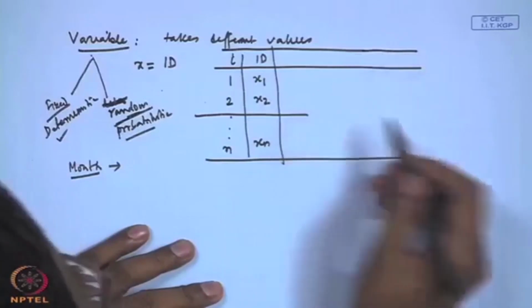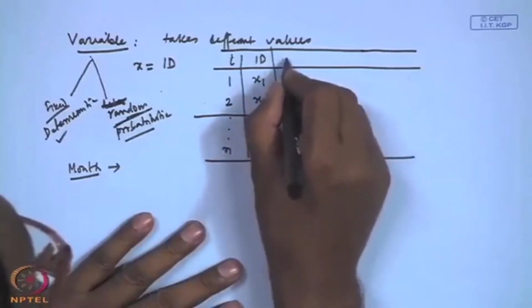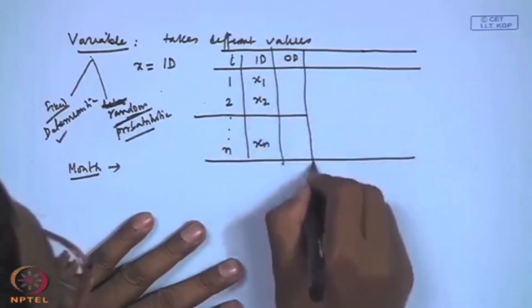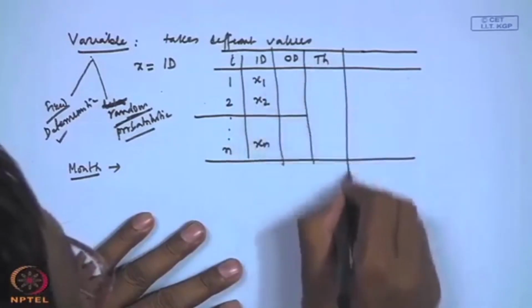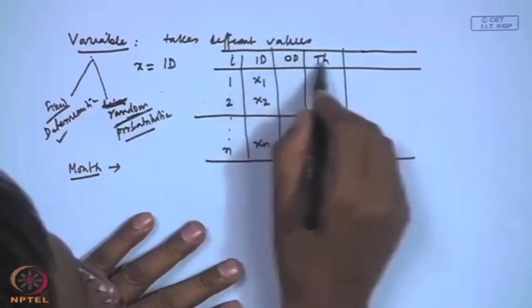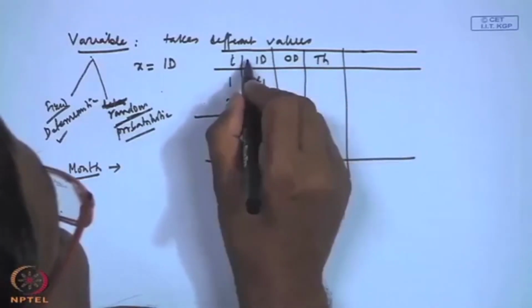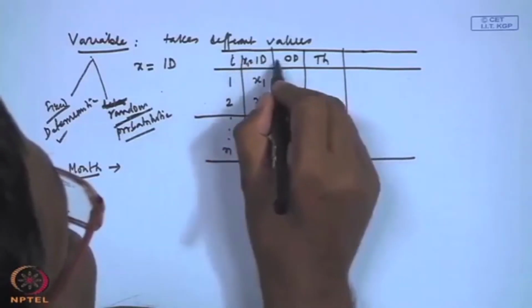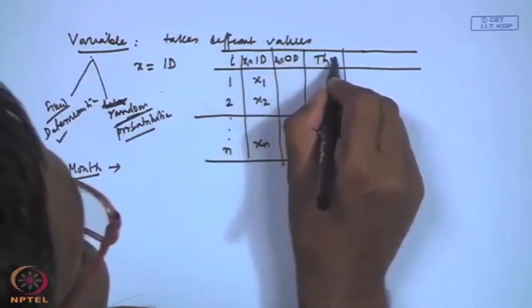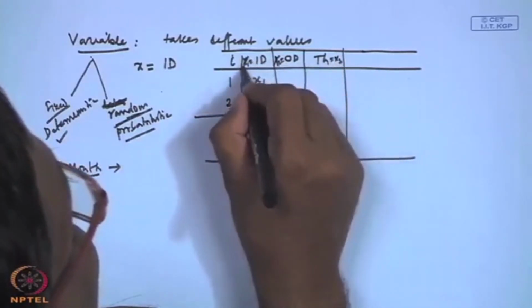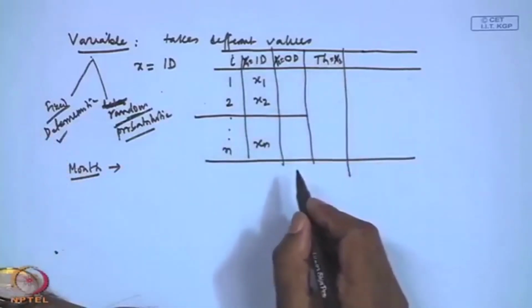If I go on like this, the other variable here is OD, and similarly another one is thickness. Now, in order to accommodate more than one variable, we will write x1 is ID, x2 is OD, and x3 is thickness.